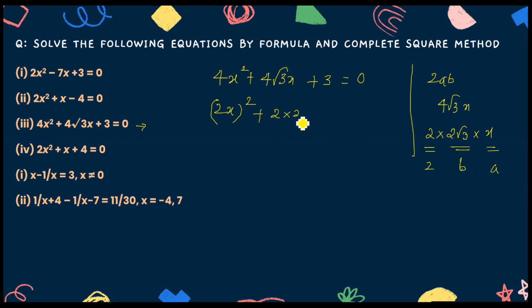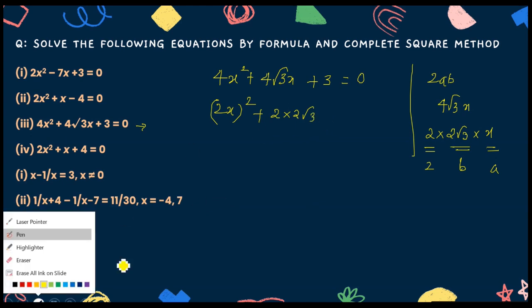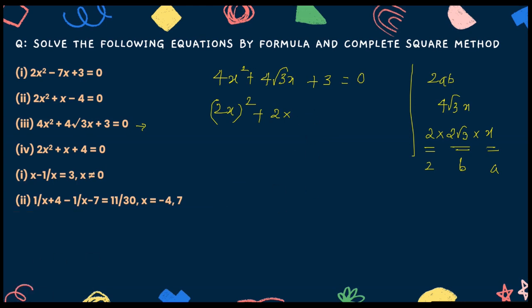I will write it as 2 into 2x into root 3 plus 3 equal to 0. You can write however you want, but I am just trying to match the given equation.